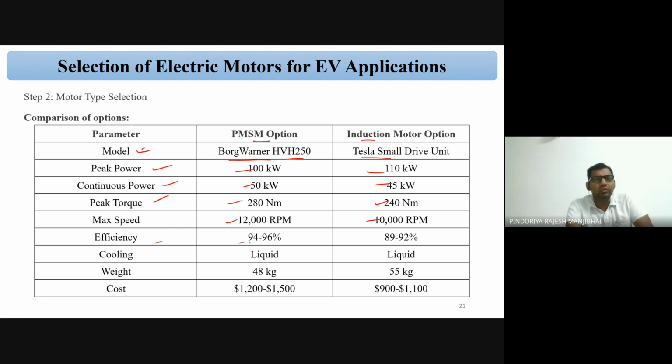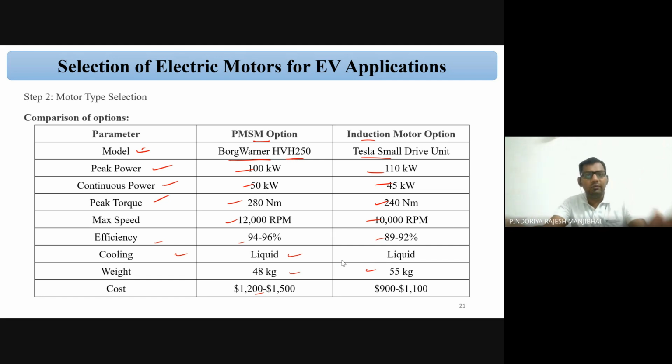Efficiency 94 to 96%, and here induction motor efficiency 89 to 92%. Cooling, in both cases, liquid cooling. Weight, 48 kilogram for the PMSM, and induction motor 55 kilogram. Cost, maybe between 1200 to 1500 US dollar, and in the case of the induction motor, 900 to 1100 US dollar. So based on these parameters, anybody can say which type of motor we have to select.